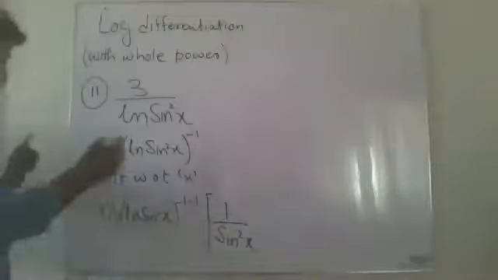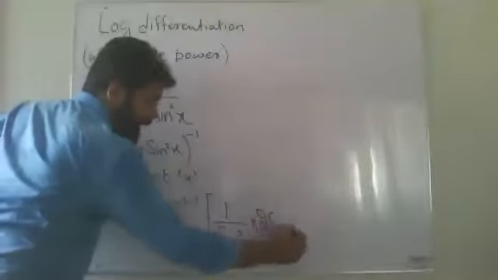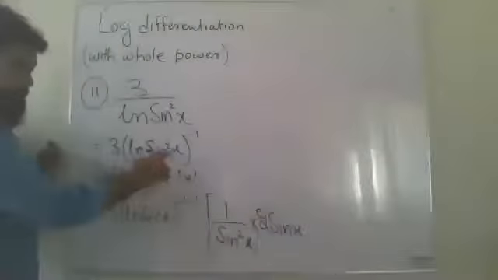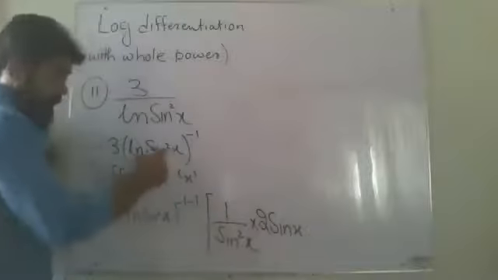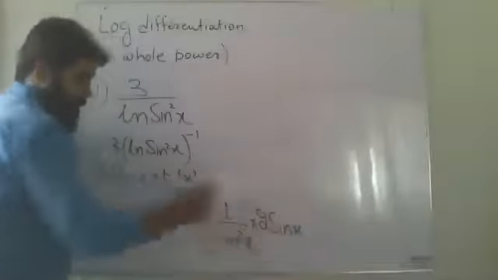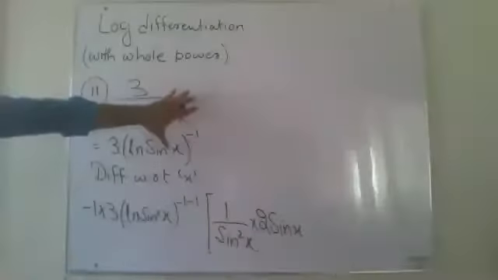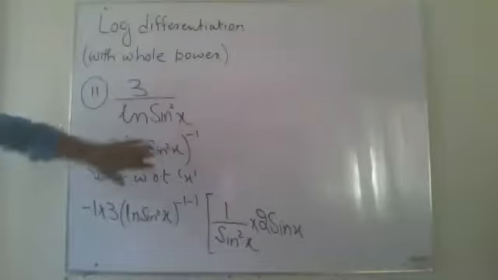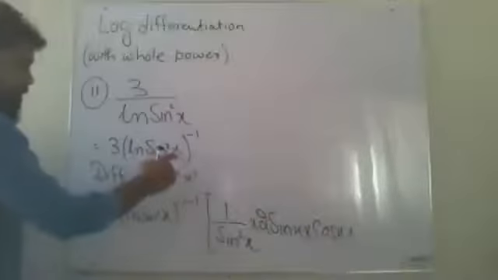So first of all, I am going to differentiate: 2 sine x, the whole power of sine x is written before and the power is reduced by 1. After that, differential of sine x will be cos x. After that, I am going to differentiate the angle, and that will be 1.